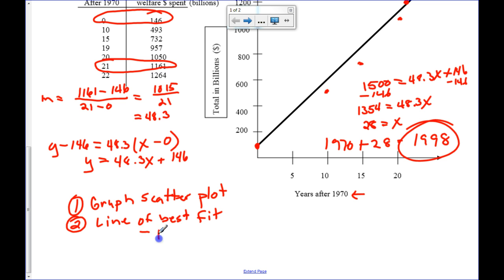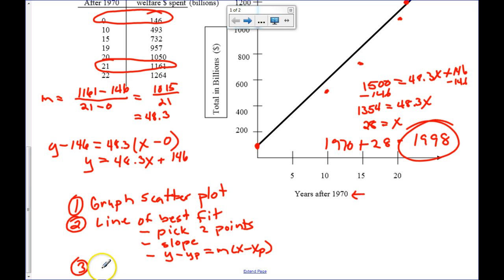That means pick 2 points, find your slope, and put it into the formula y minus yp equals m times x minus xp. Then 3, you're going to make a prediction. Not all your problems will have a prediction, but a lot of them will. So they will give you something like what we did here.